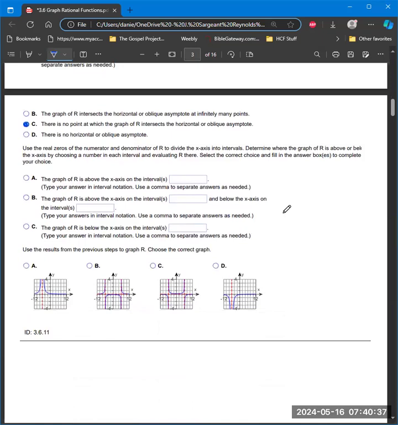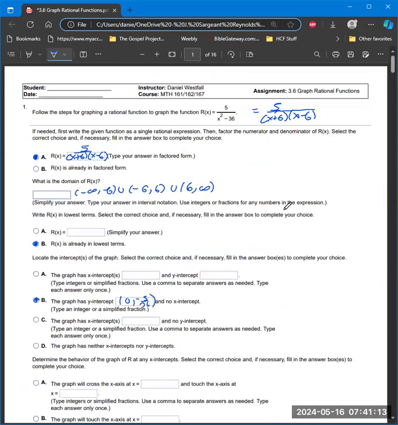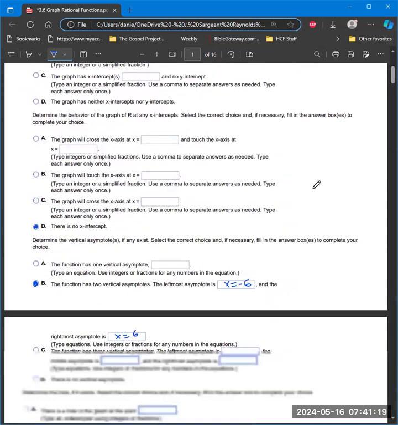Use the real zeros of the numerator and denominator to divide the x-axis into intervals and determine where it is above or below. So the graph is, let's just look here, that we have asymptotes at -6 and at 6 here, and we said that when we were smaller than -6 here, it was negative over negative, and negative is positive.